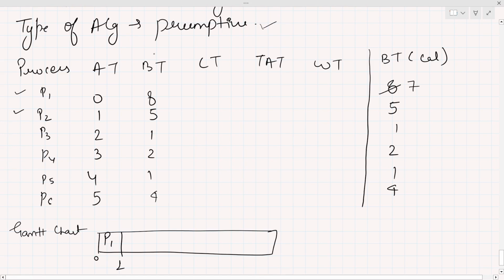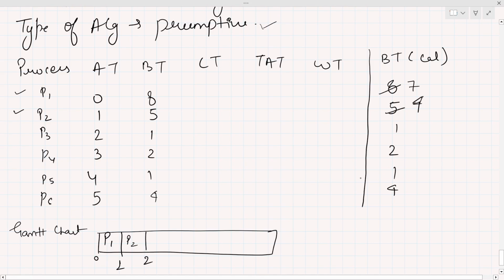We are in the calculation part, seeing which process to pick. Between these two, 5 is smaller, so definitely P2 will get the CPU, but for how much time? Till the next arrival time. The next arrival time is 2, so it also runs once, 1 plus 1 is 2. P2 also runs 1, so 5 minus 1 becomes 4.